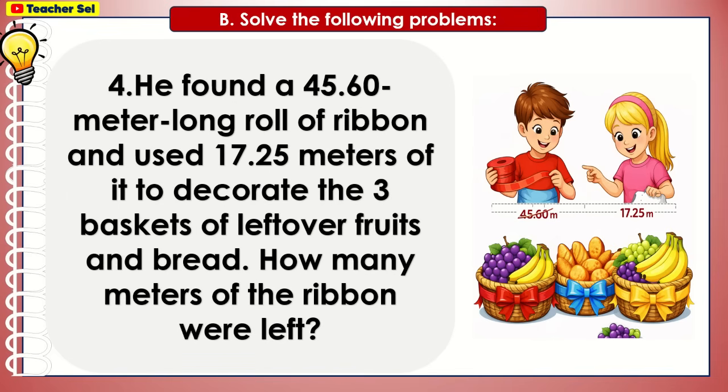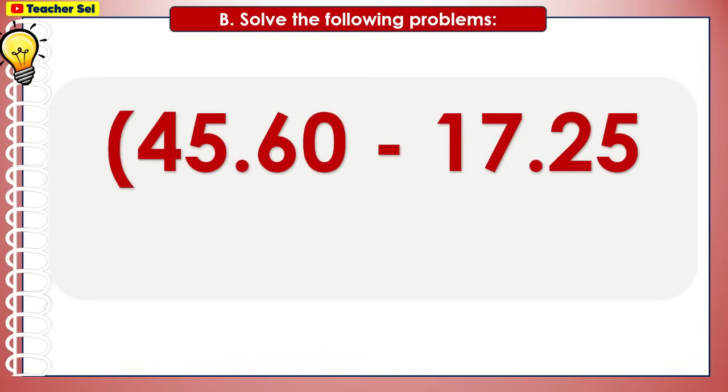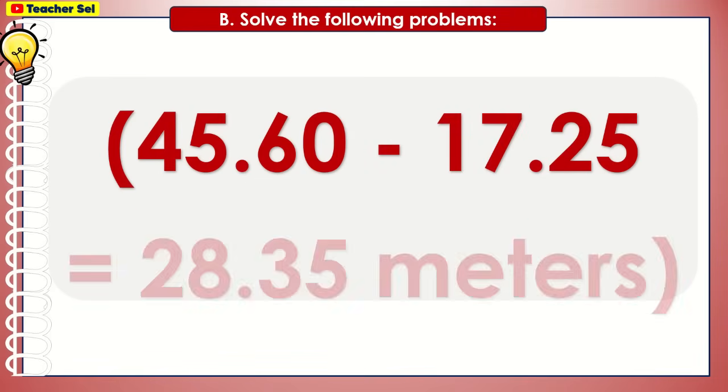He found a 45.60 meter long roll of ribbon and used 17.25 meters of it to decorate the 3 baskets of leftover fruits and bread. How many meters of the ribbon were left? 45.60 minus 17.25.